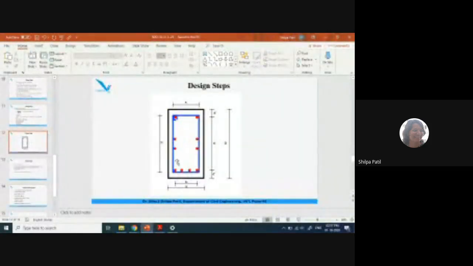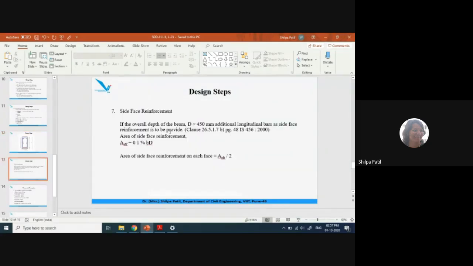These are again provided to take care of the effect of torsion only. These are called the face reinforcement or side face reinforcement, which are provided along the side face of the beam to avoid the diagonal cracking which may develop in the beam due to torsional effect.